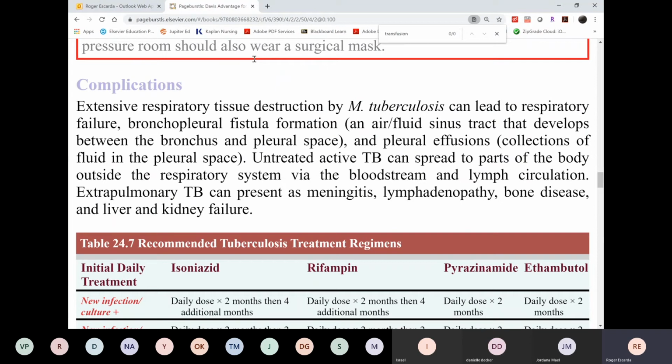Lastly is pyrazinamide or PZA. Pyrazinamide. So those are all 4 drugs used for TB, active TB.